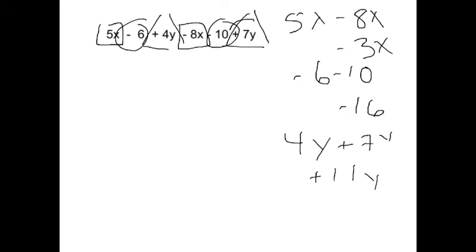I just put the positive there so I know that when I write out my simplification, negative 3x, the sign that goes between the x and the 11y is going to be positive, or a plus sign, because that 11y is a positive number. So that's the traditional way to write it, x before y before number.